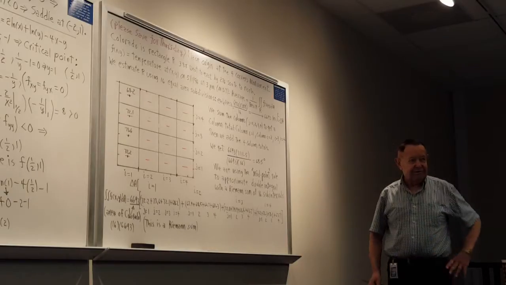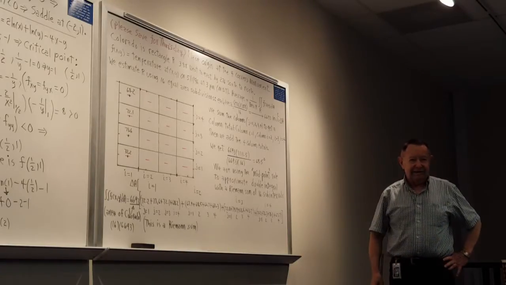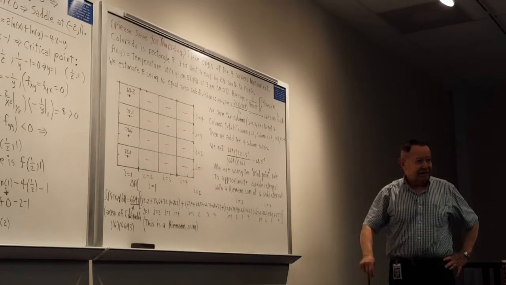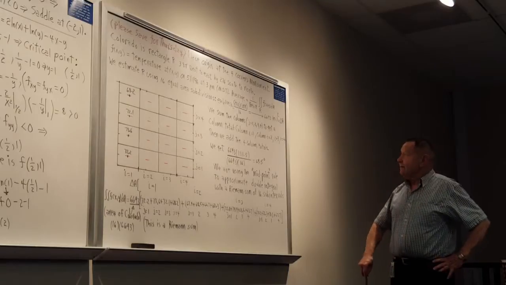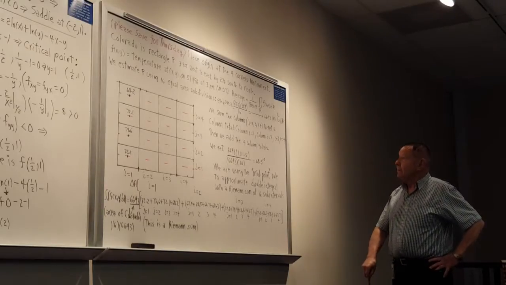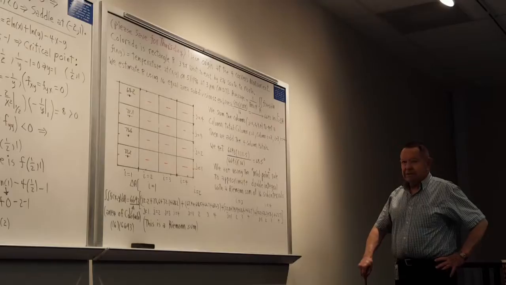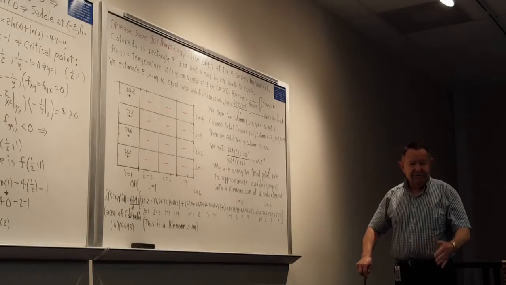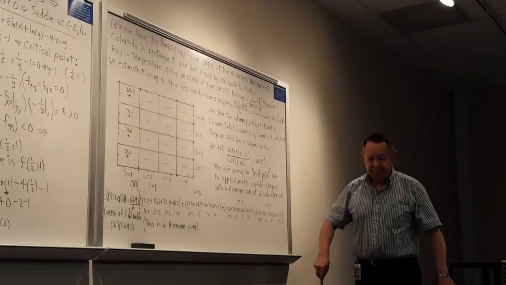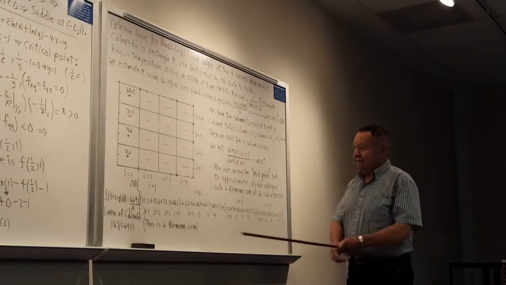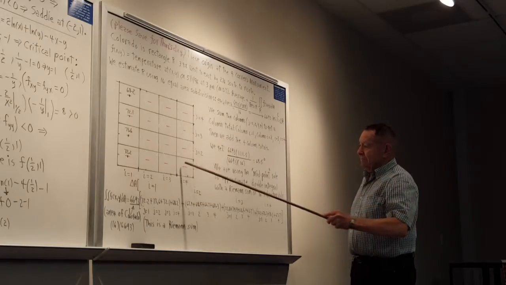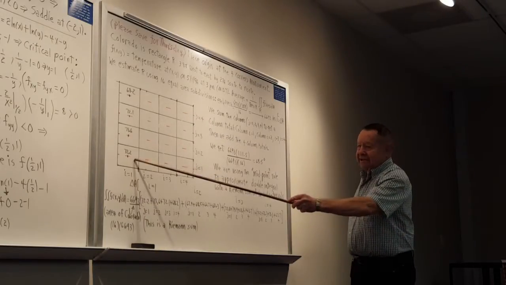So what chapter 15 is about is how to integrate a function of two or three variables. If you're doing the integral numerically, the equivalent of the midpoint rule from chapter 8 is you'd take your region and make equal subdivisions.